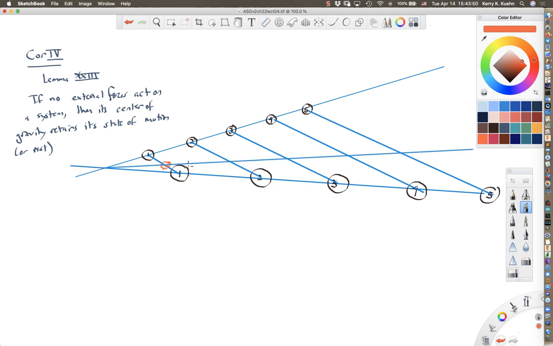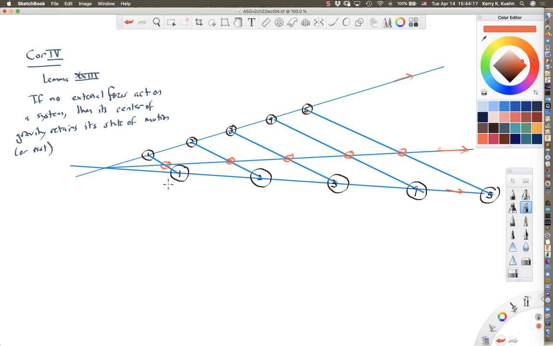So if the center of gravity was here at the first moment in time, the center of gravity is going to be here at the next moment in time, here at the next, and here at the next. So it is always going to be going in a straight line. So this ball is going in a straight line. This one is going in a straight line. And the center of gravity is also going in a straight line.